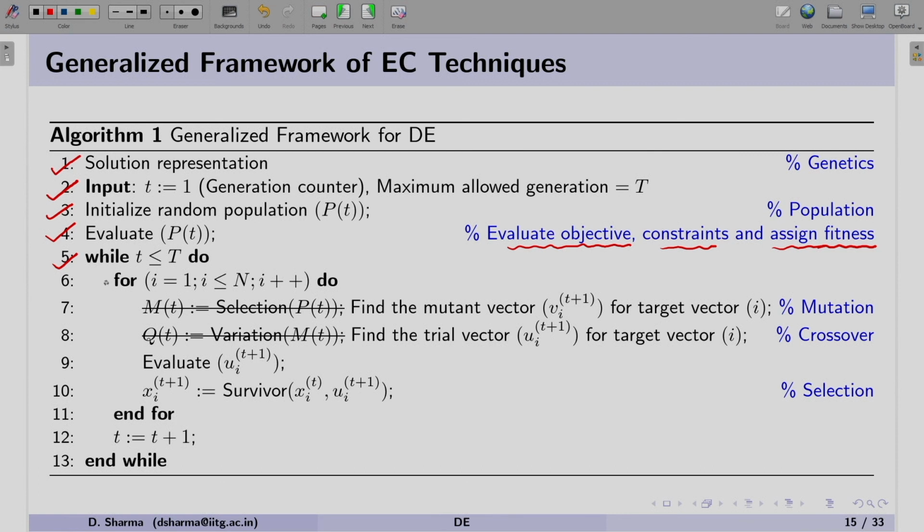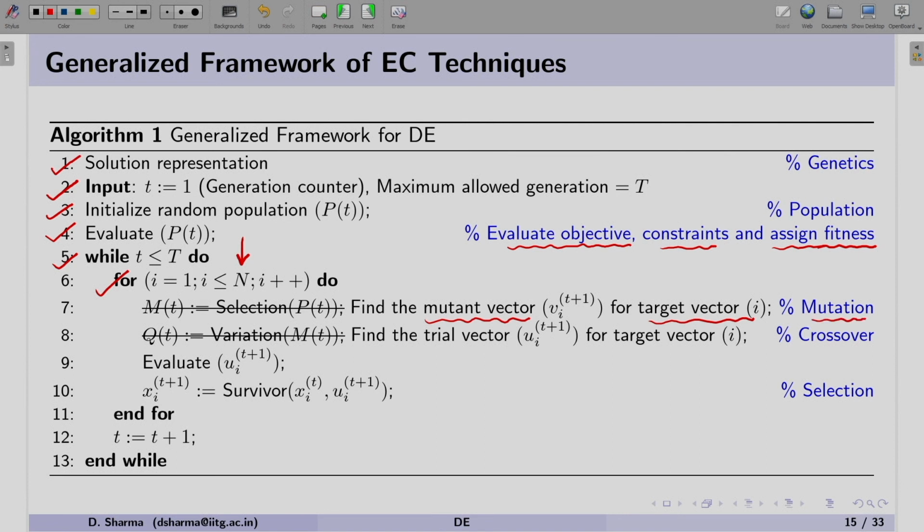Now, in step number 5, we are in the standard loop of generation. Inside this particular loop, we have one for loop. This for loop works for the number of vectors that is represented by capital N. So, we are going to take vectors one by one. Those vectors will be considered as a target vector, and for that one, first we will be creating a mutant vector for the target vector i.